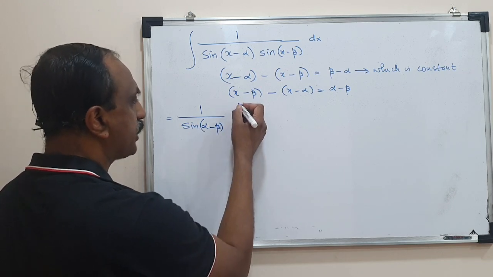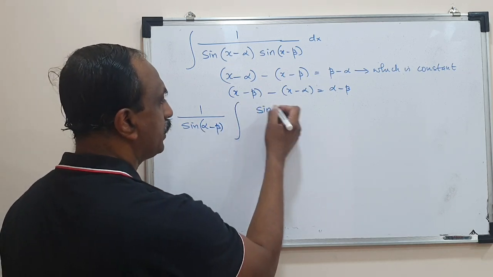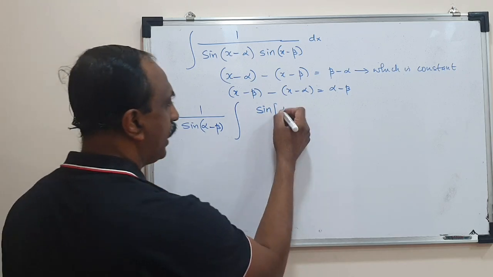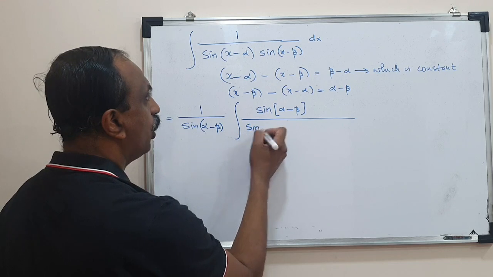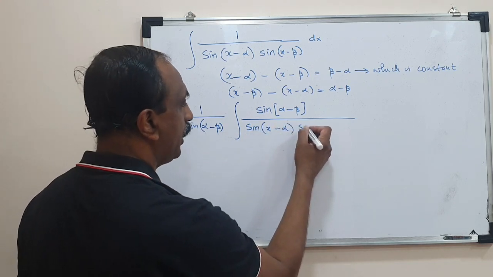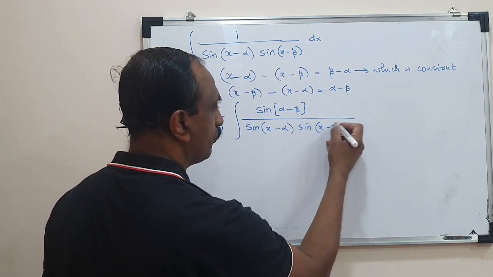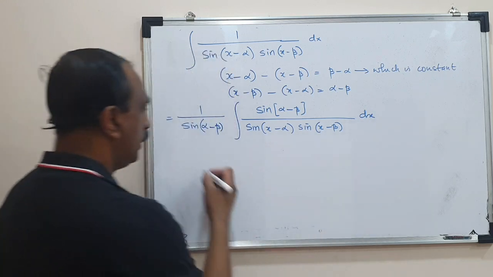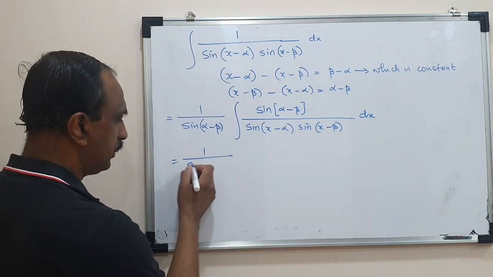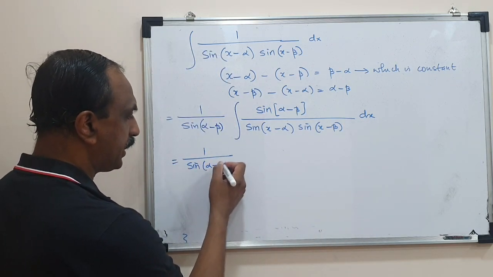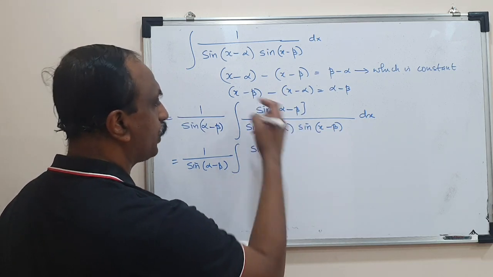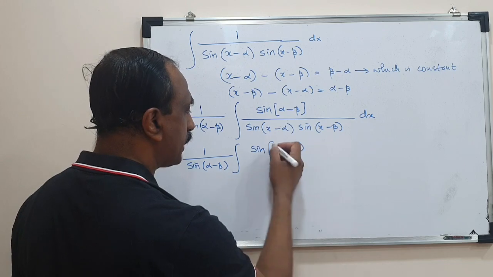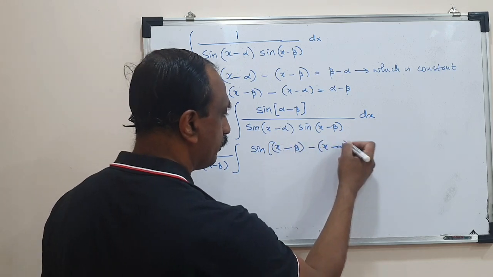If you are putting alpha minus beta, the numerator will be sine of (alpha minus beta), divided by sine of (x minus alpha) into sine of (x minus beta). Now this numerator sine of (alpha minus beta), I'm going to write as (x minus beta) minus (x minus alpha).